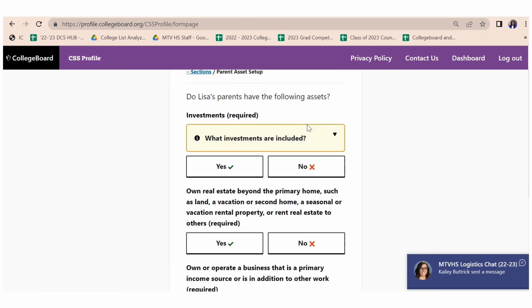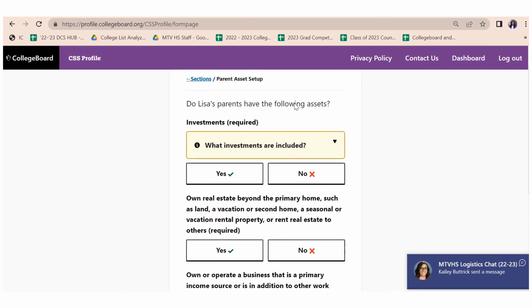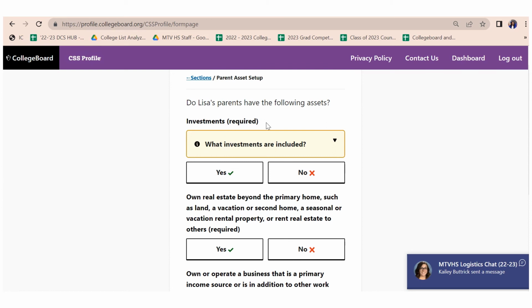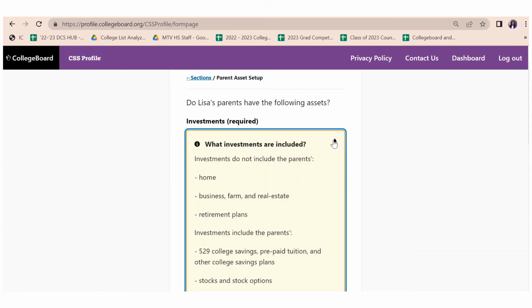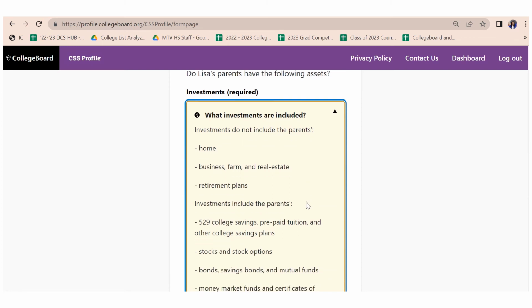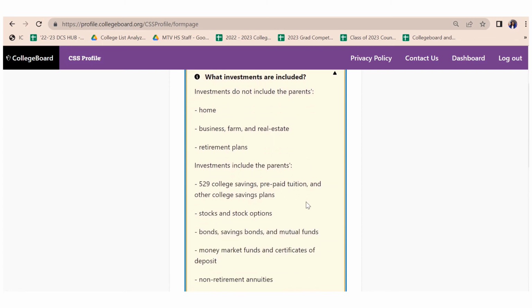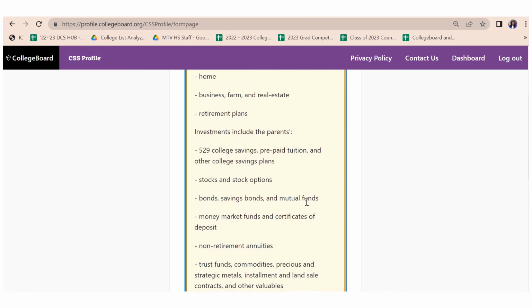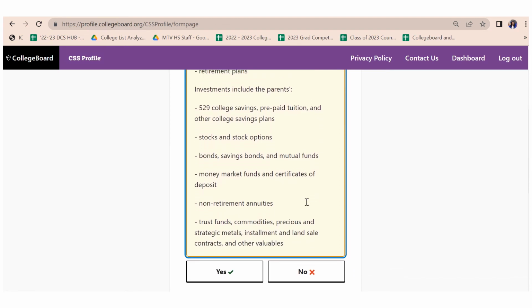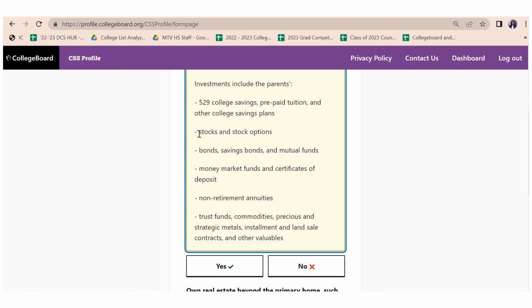Then you'll see these next questions are asking about investments. They are required, but this first question is asking, do the student's parents have investments? And you can look at the drop-down menu. Investments do not include the home that you live in, real estate related to a business, or any of these items. Investments do include stocks, 529 plans.